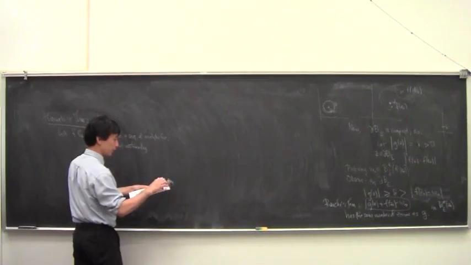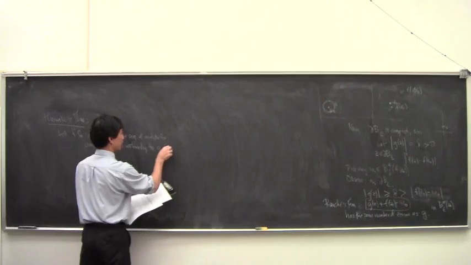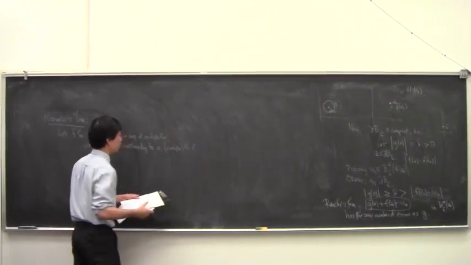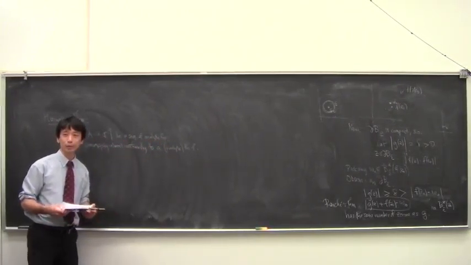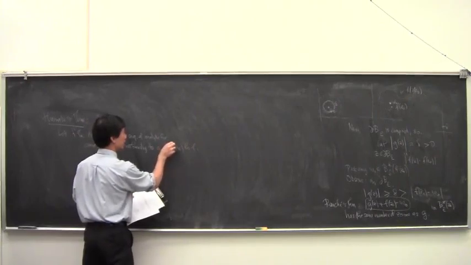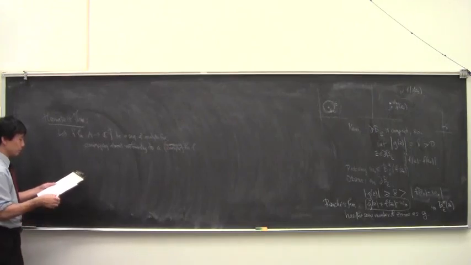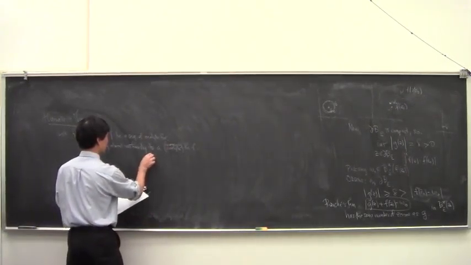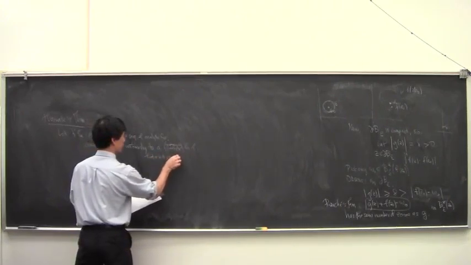Converging almost uniformly to an analytic function f. You know from Weierstrass's theorem that it's going to be analytic because you have the almost uniform convergence. So this is by Weierstrass's theorem. Just a function f that is not identically zero.